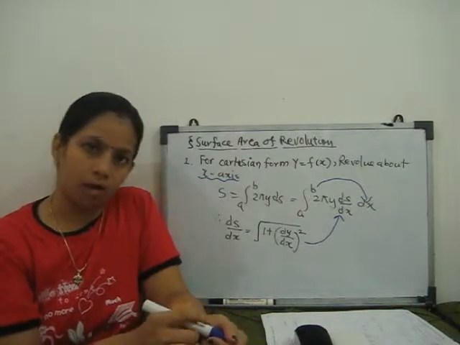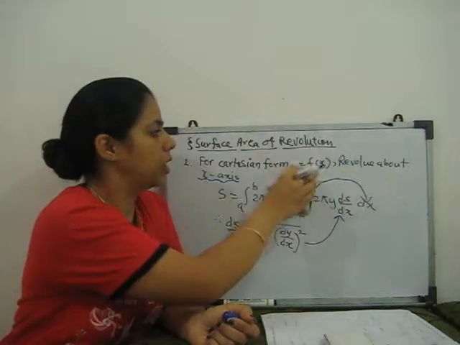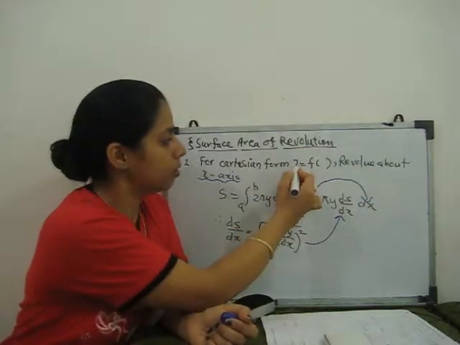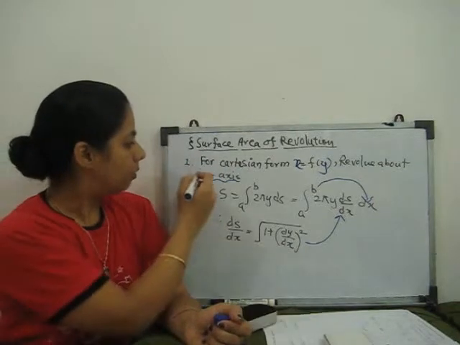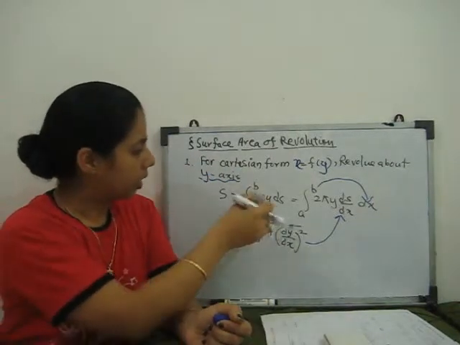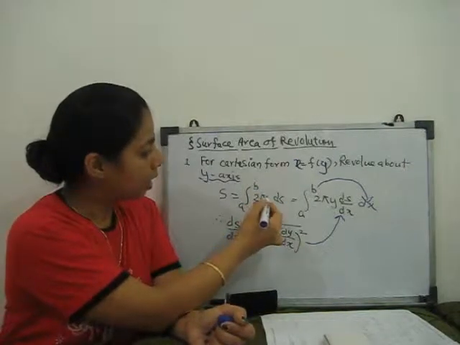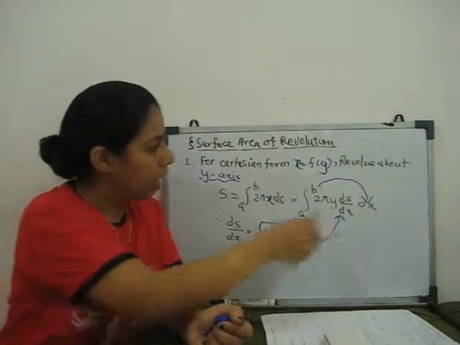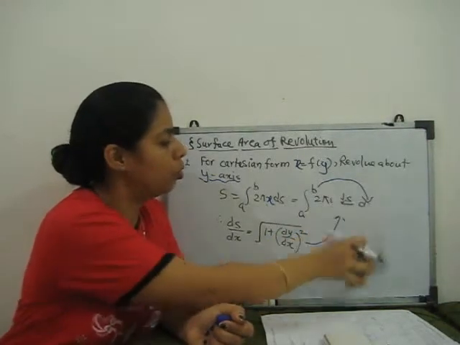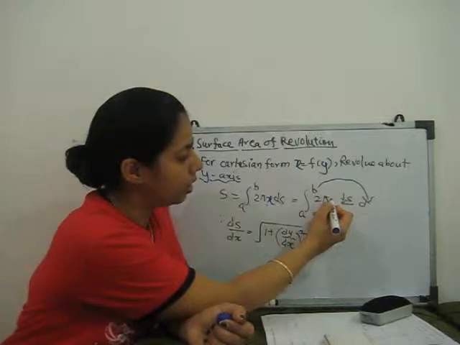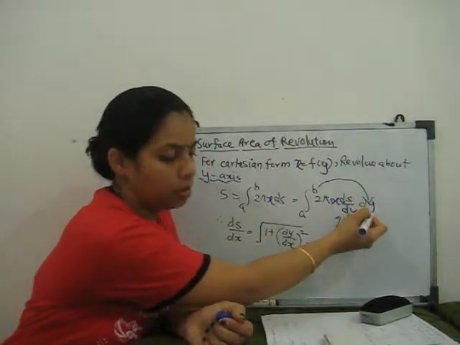Similarly, if the curve is given in terms of x is equal to f(y) and revolves about the y-axis, then the surface area is 2 pi x ds, and we integrate with respect to y: 2 pi x ds/dy dy.